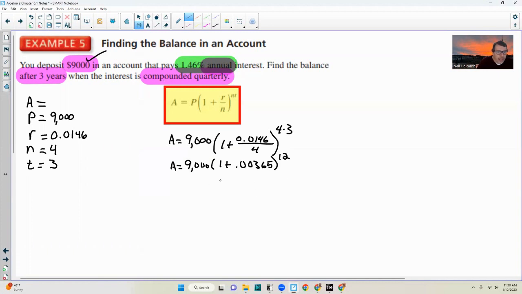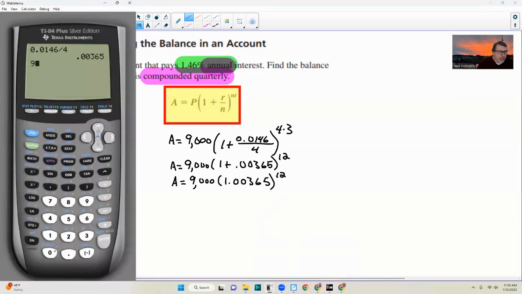Okay. And I could also simplify that some more as 9,000 times 1.00365, because 1 plus 0.00365 is 1.00365, and that's to the 12th power. So I get my calculator back, and I just put this in the calculator.